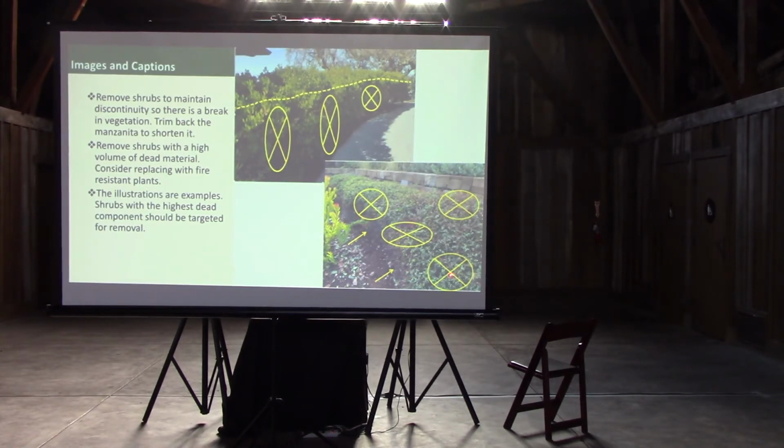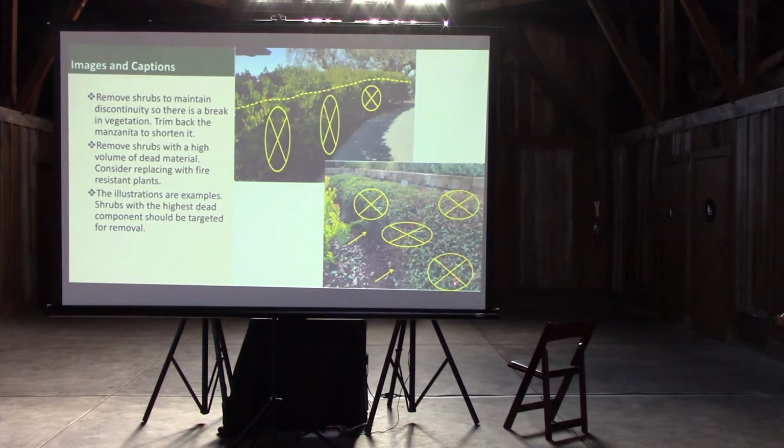If you look at this hedge, it has a lot of dead in it. You can see it down here. A lot of times it's green on the outside, but you take a little peek on the inside and it's really got a high volume of dead. So this is really flammable. It is up against a rock wall, so it's not up against a house. If it were up against the house, it would be in the non-combustible zone, and we'd say take it out.